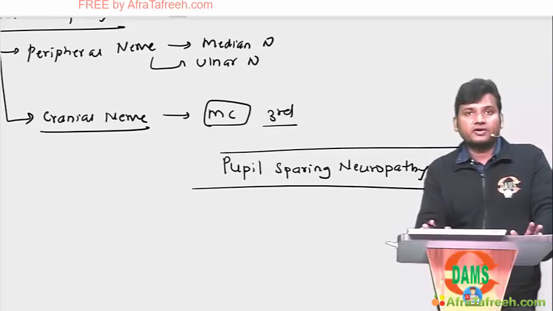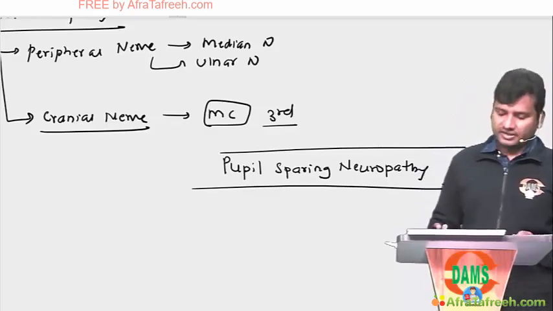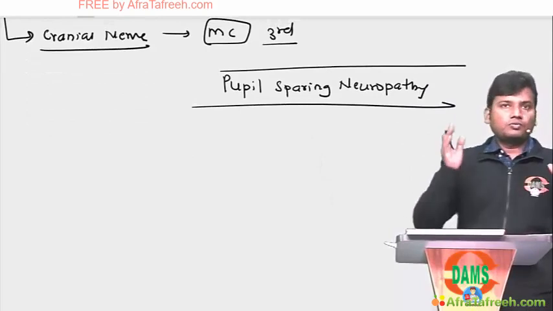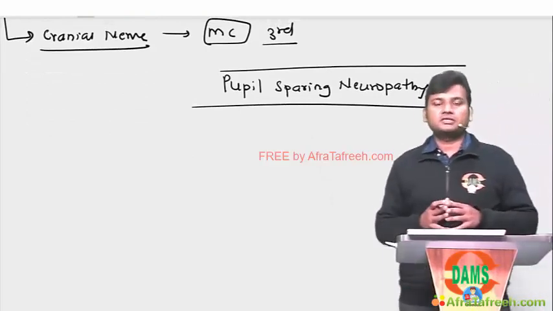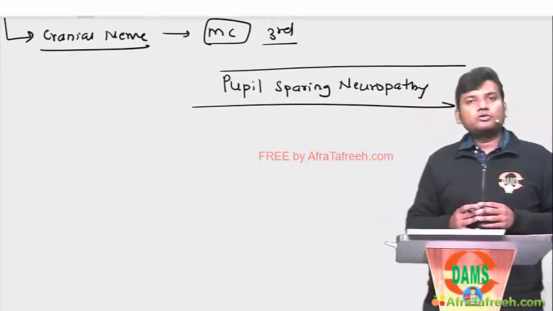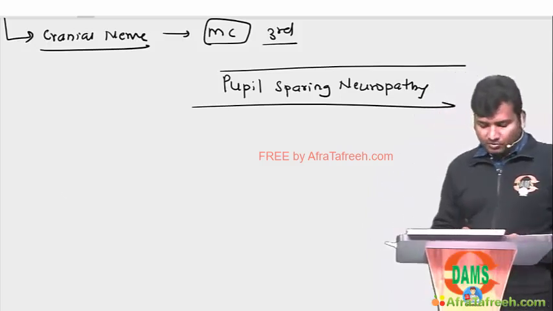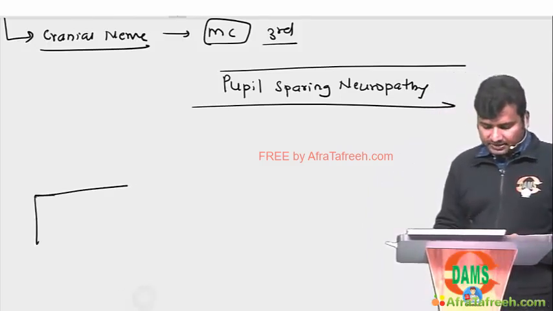Now the reason why these fibers are not affected. Again we have to see our basics from first year anatomy. All of you know that the third nerve originates from the midbrain. So suppose this is the midbrain.